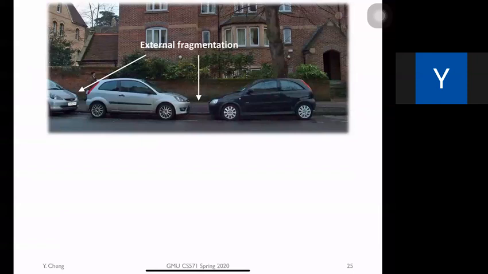Again, this slide illustrates what exactly is meant by external fragmentation. If you do parallel parking, those cars are parked in parallel alongside the street. Those extra spaces between different cars are called external fragmentation.